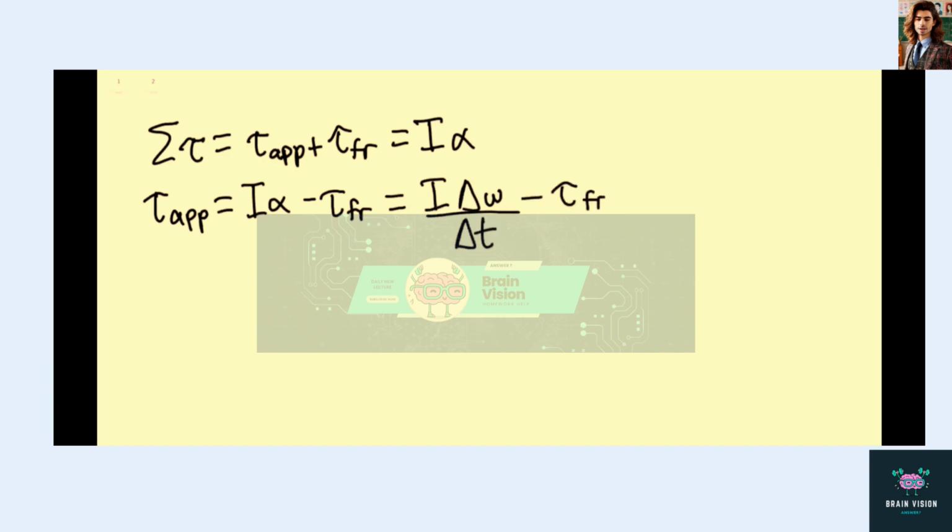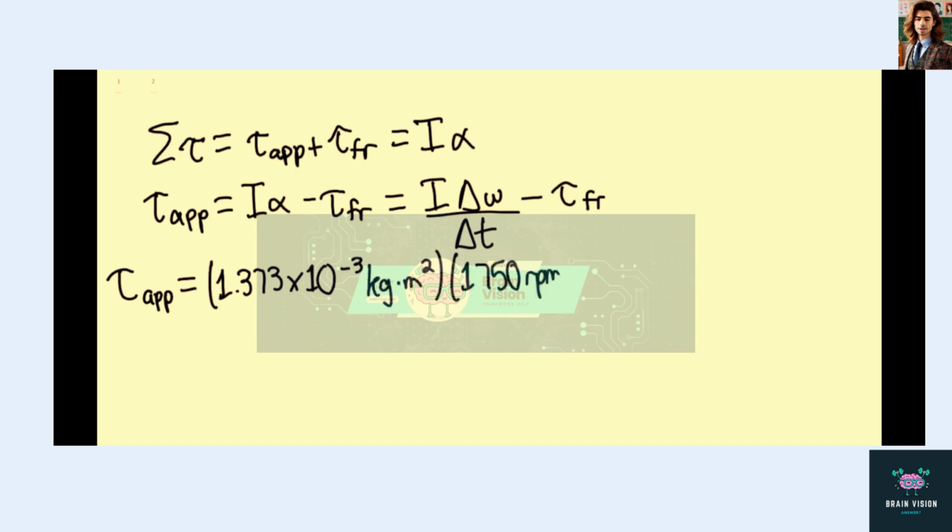Let's solve. So the applied torque would then be equal to 1.373 times 10 to the negative third kilogram meters squared, multiplied by 1750 RPMs. This would be the final angular velocity minus the initial angular velocity of 0, multiplied by 2 pi radians for every 1 revolution, multiplied by 1 minute for every 60 seconds.